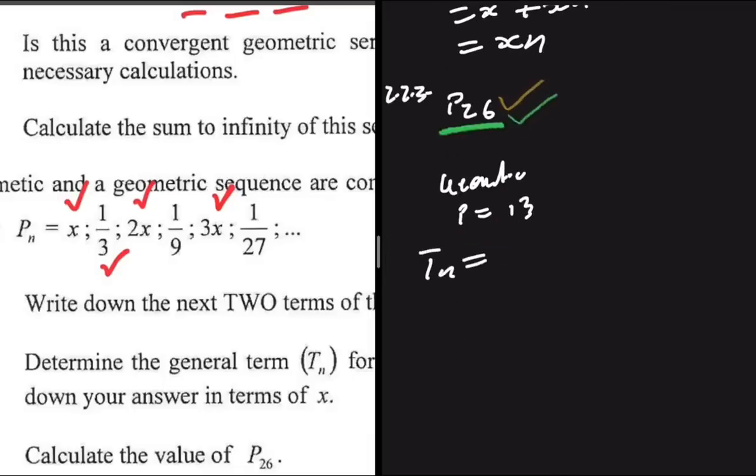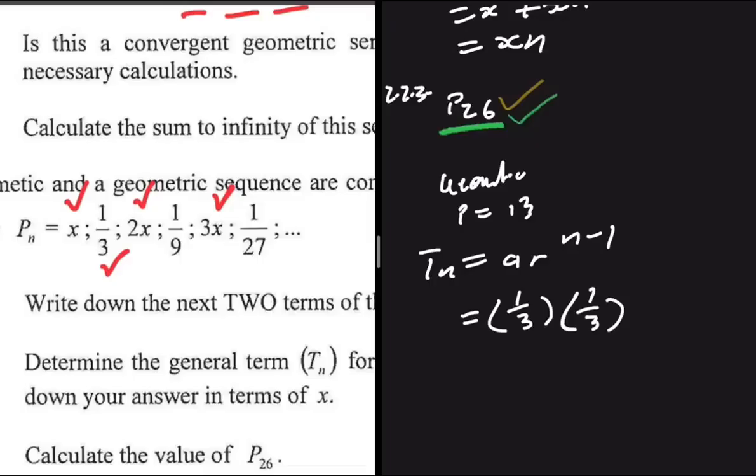Tn is equal to ar to the n minus 1. This is how you find a term in a geometric sequence. So a is the first term, obviously, that is 1 divided by 3. And r is also 1 divided by 3, the common ratio which we calculated above, to the power n minus 1.